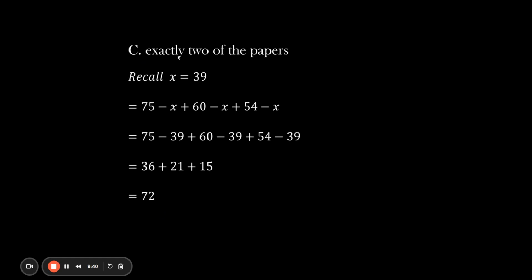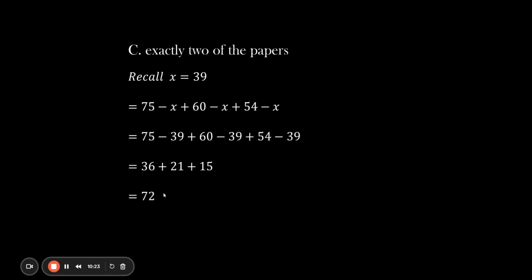Now the C part of the question said we should calculate those that read exactly 2 papers. If you recall, X is 39 from our previous solution. So we have 75 minus X for the intersection between Guardian and Daily Times, 60 minus X for the intersection between the Daily Times and Punch, and the intersection between the Punch and Guardian, which is 54 minus X. Now, since we have X here, you replace X: 75 minus 39 gives us 36, 60 minus 39 gives us 21, 54 minus 39 gives us 15.